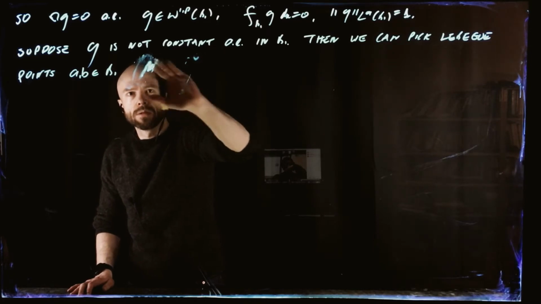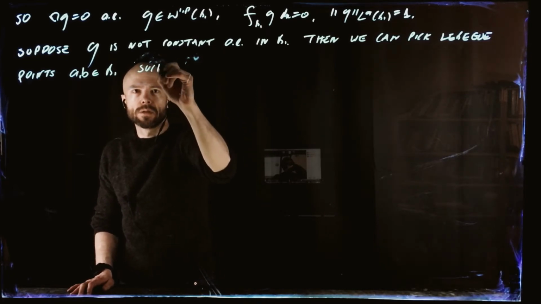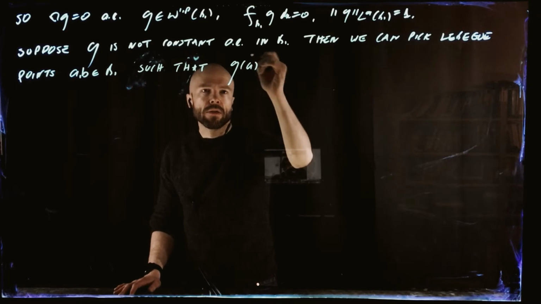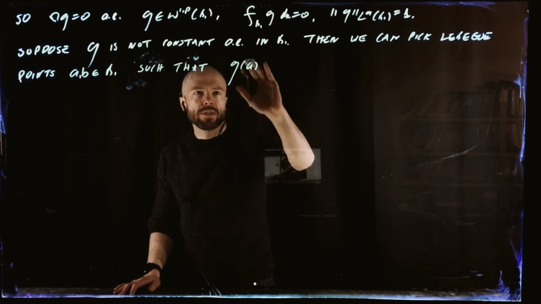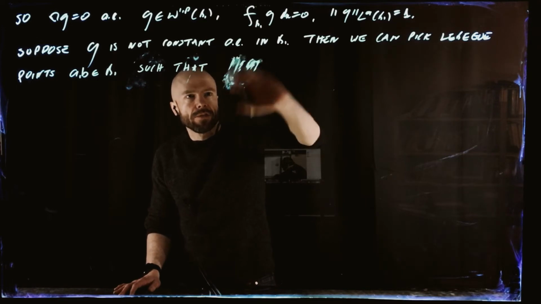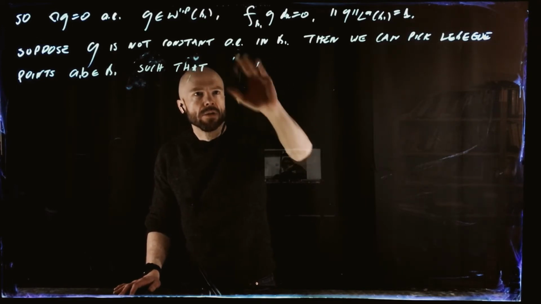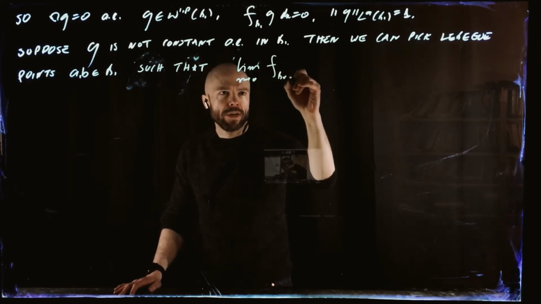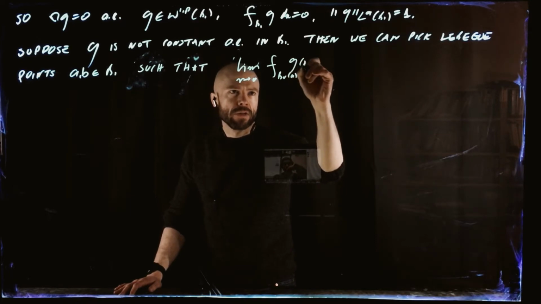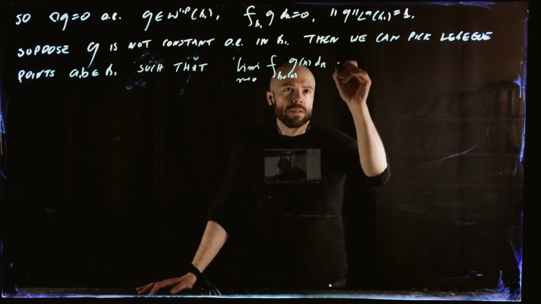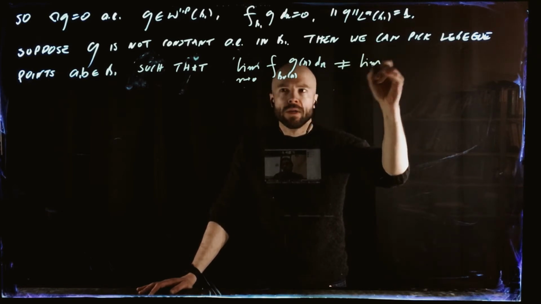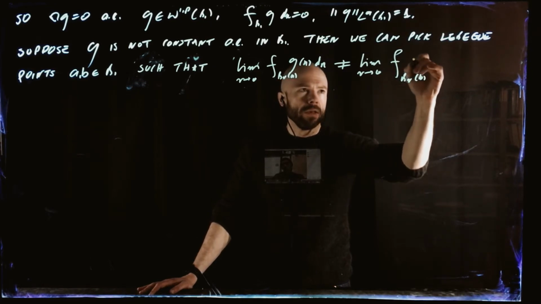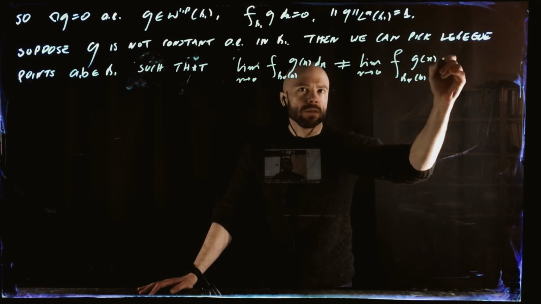Points such that g of A, okay, let me be more precise, such that g of A is equal to its value and it's not equal to g of B. So the limit as R goes to 0 of the average on the ball of radius R around A of g of x dx is not equal to the limit as R goes to 0 of the average on the ball of radius R around B of g of x dx.